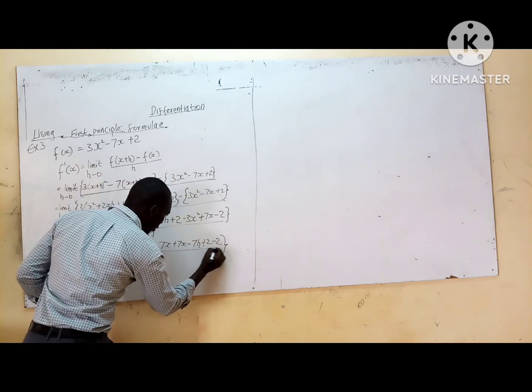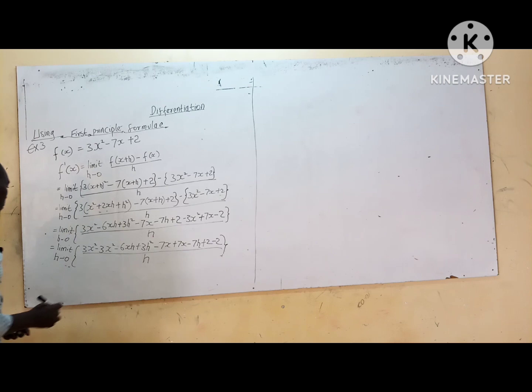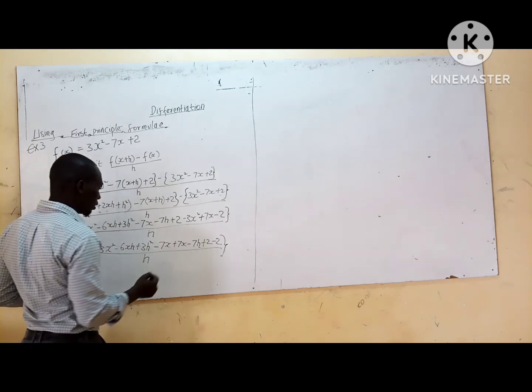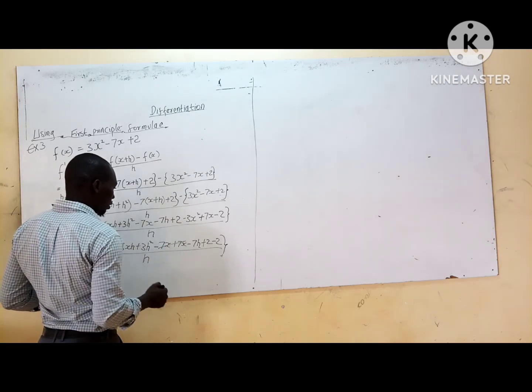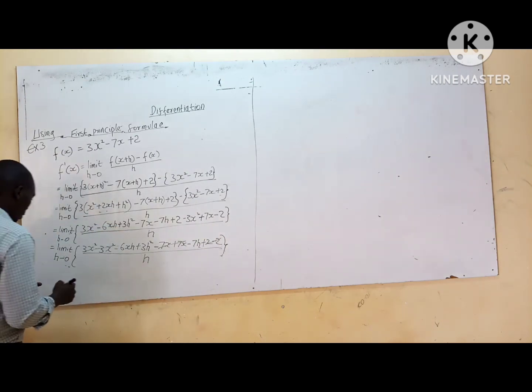Everything will be all over h. And now after collection of like terms together, this one will cancel out, this one will cancel out, and lastly this one will cancel out.